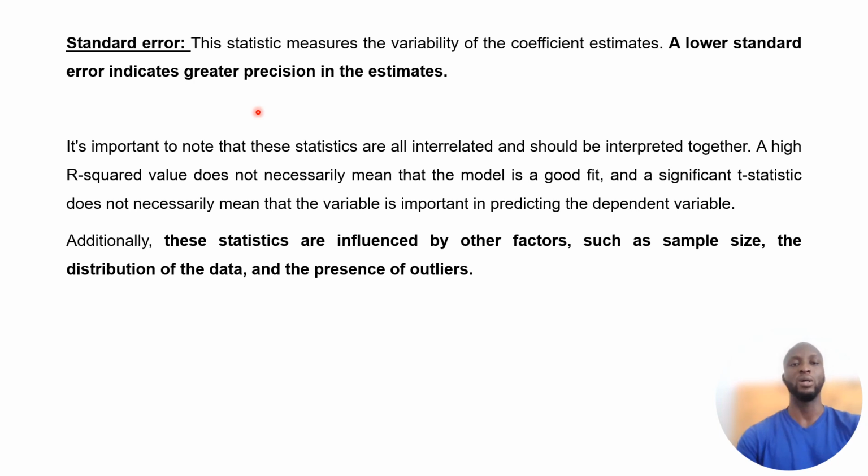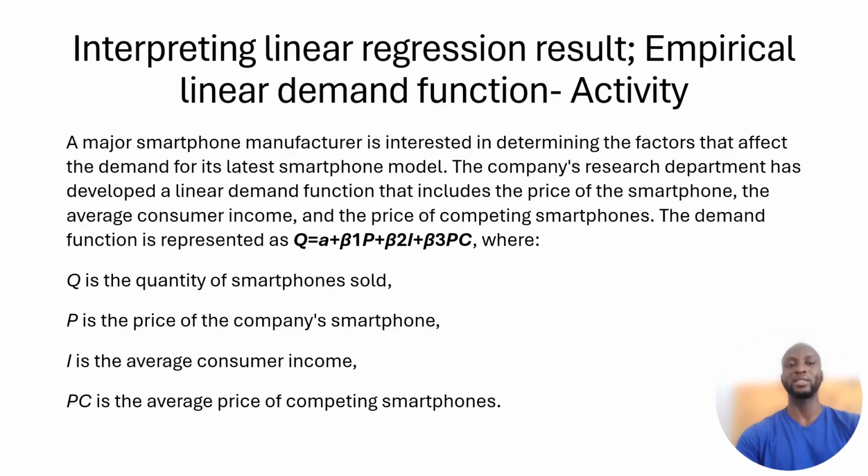Now you have to interpret the result. Let's say in the next slide, let's look at an activity here. Interpreting linear regression results, empirical linear demand function. This is the activity. You will find something similar in your notes, but with a little bit of a tweak. A major smartphone manufacturer is interested in determining the factors that affect the demand for its latest smartphone model.